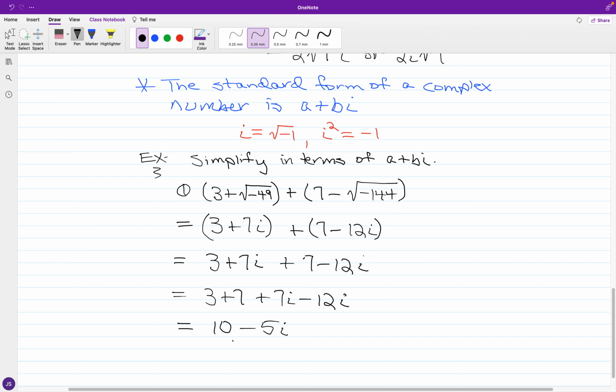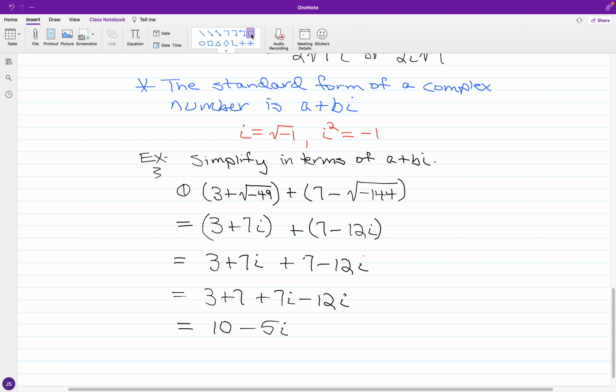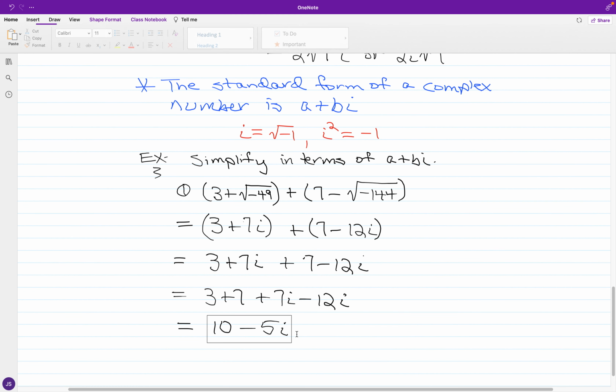We have the real coefficient at 10, and for the complex term in the letter i, we come out to -5i. This will be the standard form after following through with the corresponding operations.